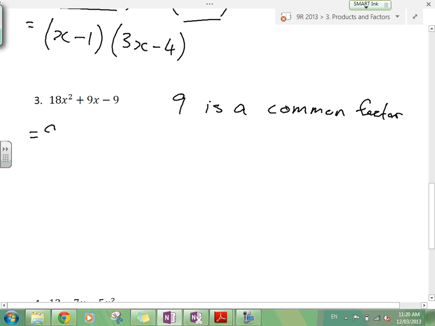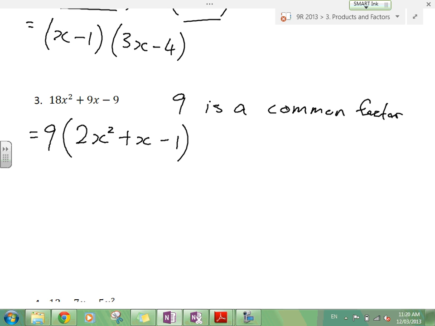That equals 9 times 2x squared plus x minus 1. We've got 9 as our common factor, we pulled that out. Now, the 9 is always going to stay at the front. So we can ignore that for the moment and just do the things with what's inside.